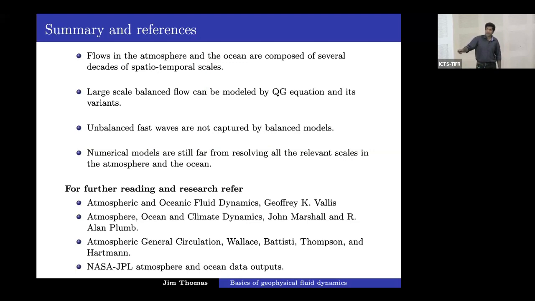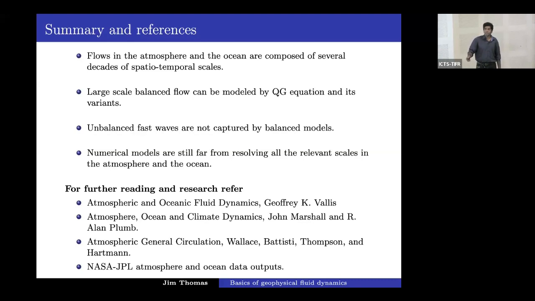Large-scale dynamics for the balanced flow alone can be captured by the quasi-geostrophic equation and its various simplifications. QG-like models don't capture the fast waves we saw in these movies, which need to be resolved for a lot of weather prediction, atmospheric mesoscale activities, and so on. So we have to somehow track waves in the present day, which these balance models can't do. A lot of our numerical models are still far from solving all the relevant scales.